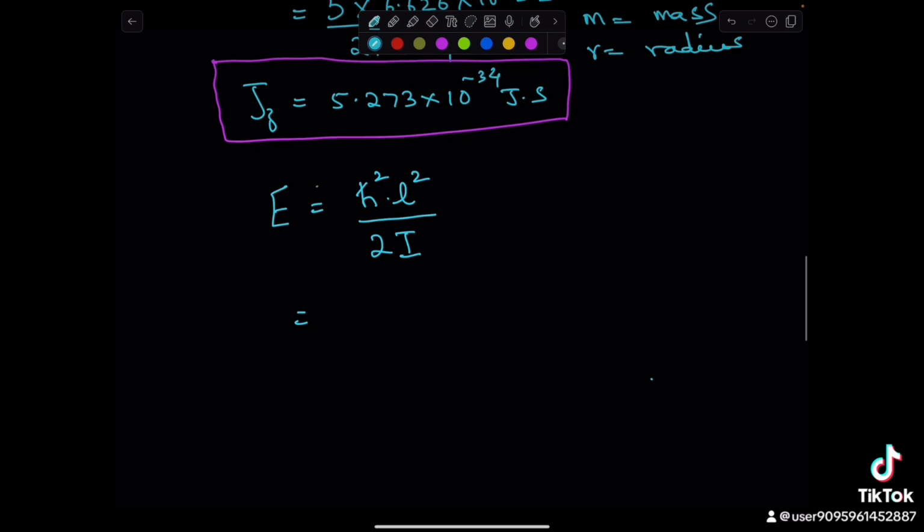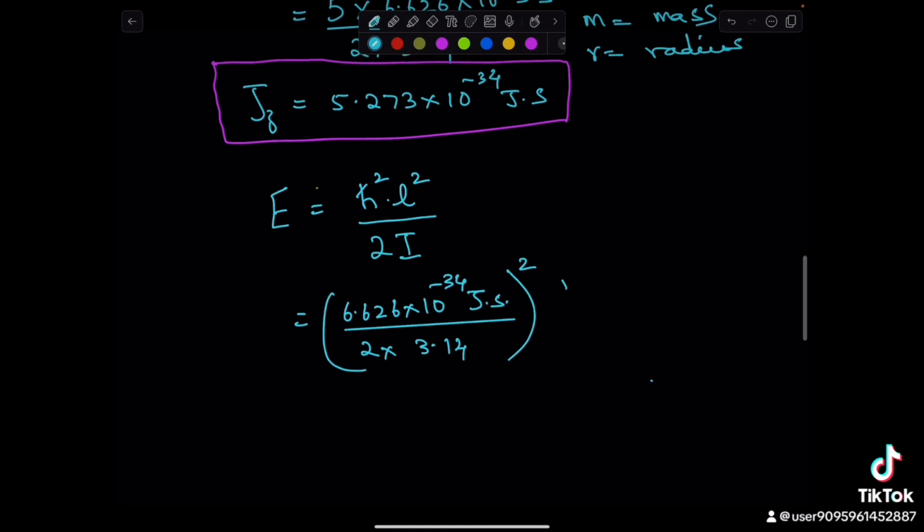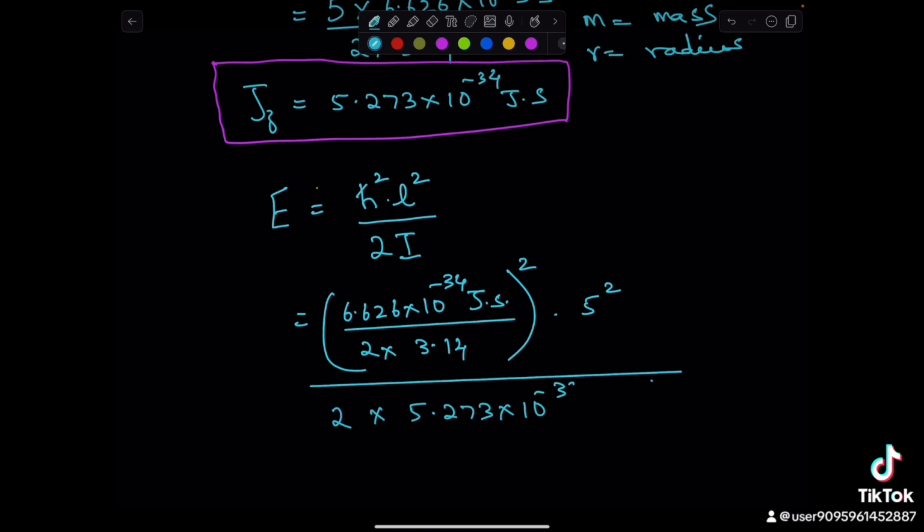So that is 6.626 times 10 to the negative 34 joule seconds over 2 times 3.14, squared, times 5 squared over 2I, which is 2 times 5.273 times 10 to the negative 34 joule seconds.